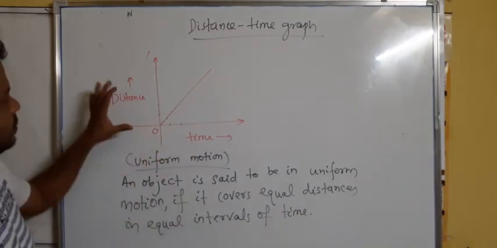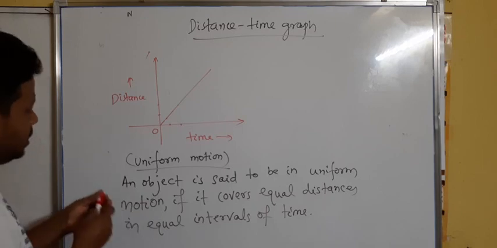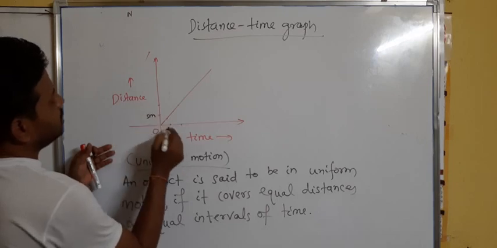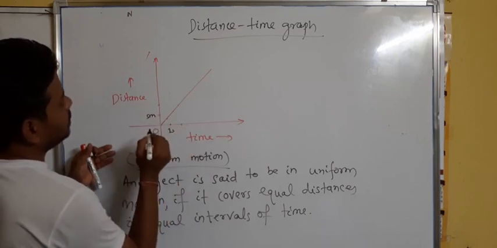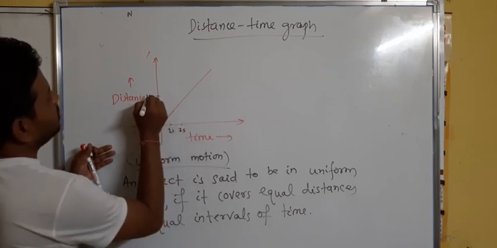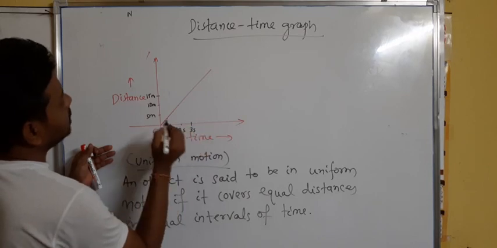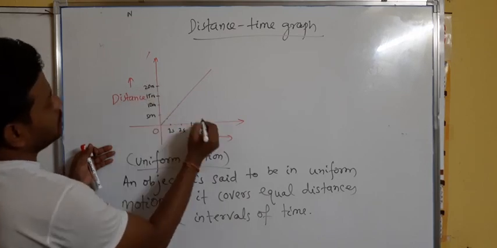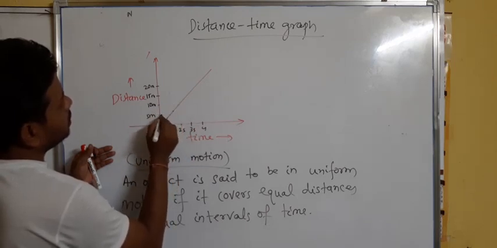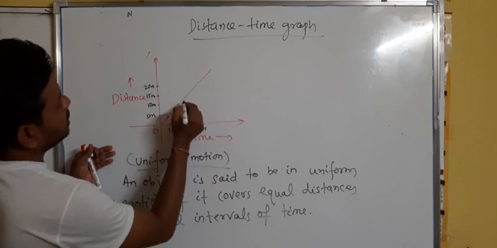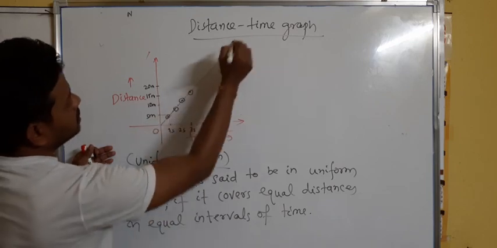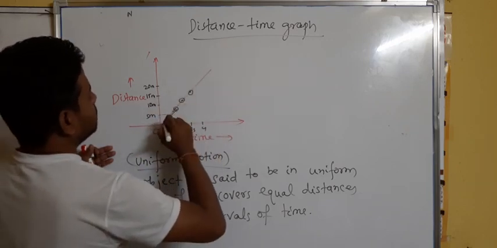So if we do the graph, for example here it is say 5 meter in 1 second, then 10 meter in 2 seconds, 15 meter in 3 seconds, 20 meter in 4 seconds, and if we find out the graph here, you will get such points, and if you join them, it will become straight.